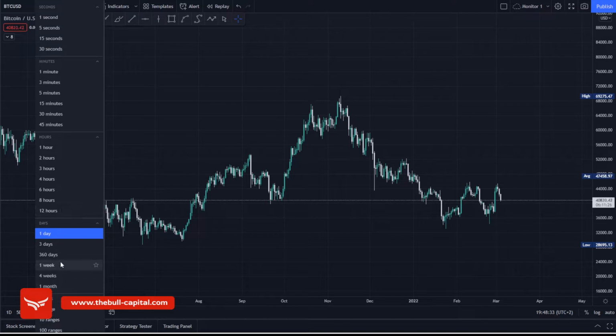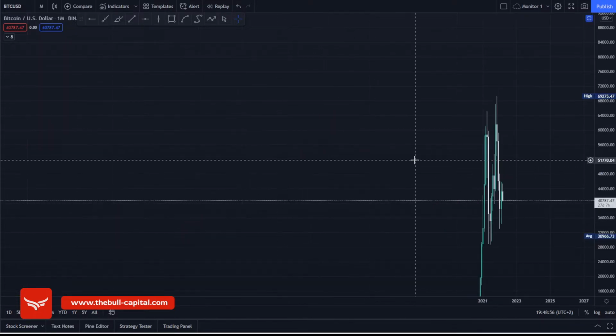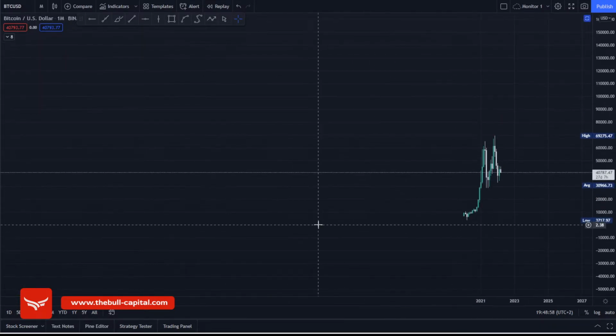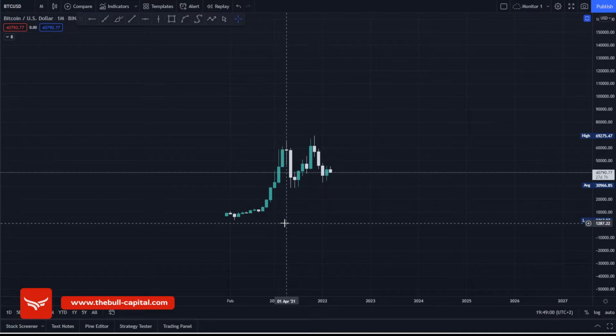We have different time frames: 1 month, 4 weeks, 1 week, 3 days, 1 day, 12 hours, and it goes lower to minutes and even seconds. So let's start with 1 month. If we go to 1 month, what does this actually mean?